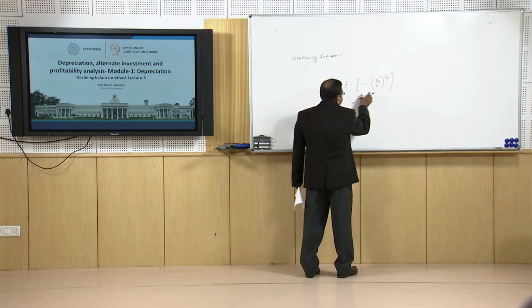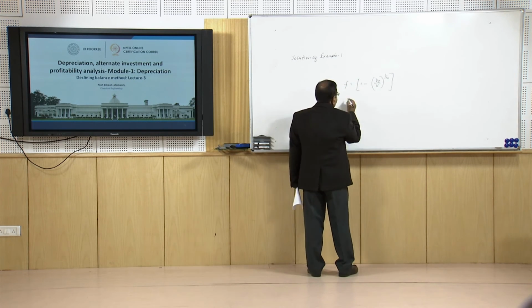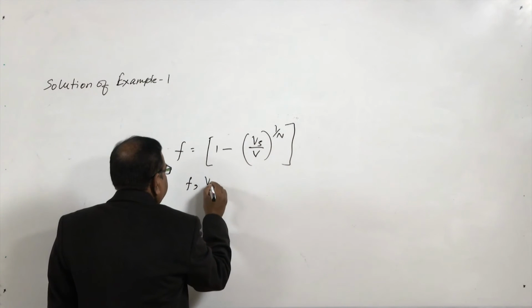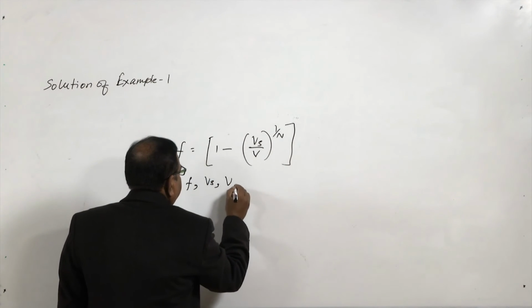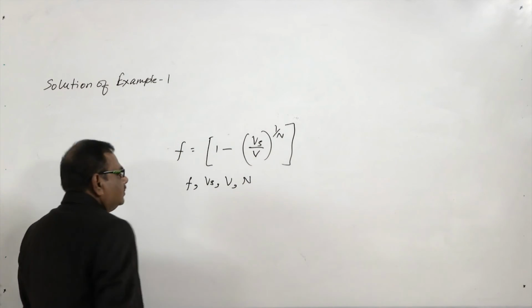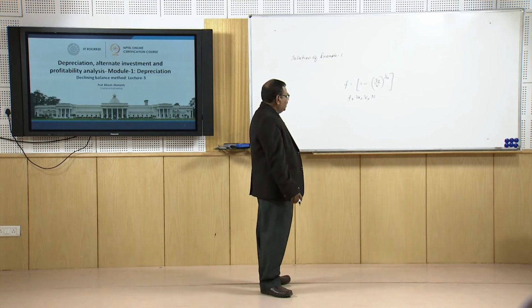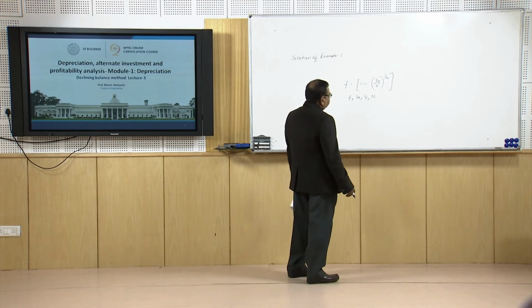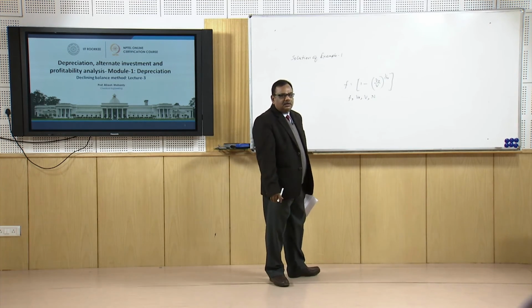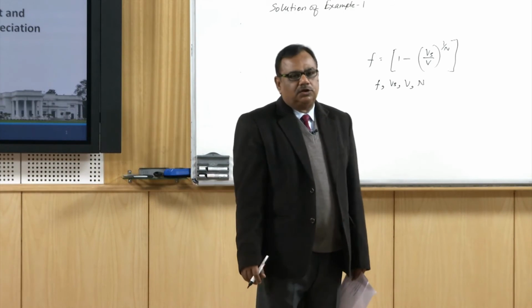Here if we see in this equation, the variables are F, Vs, V and n. So, there are 4 variables and this is a single equation, and a single equation can only give the value of a single unknown.